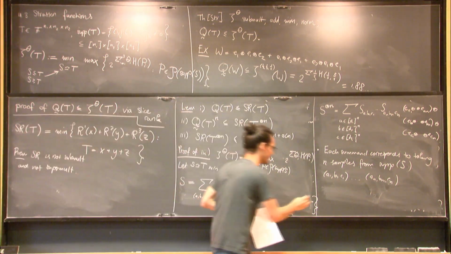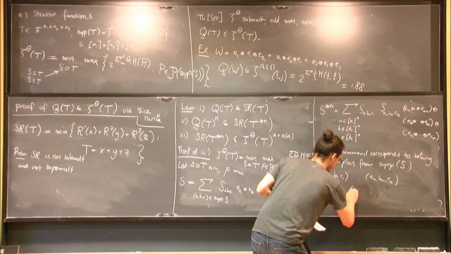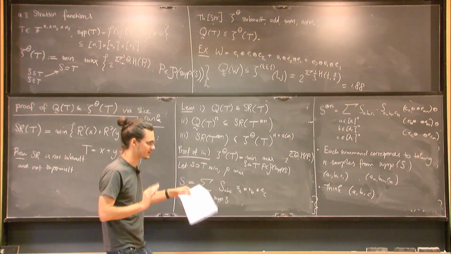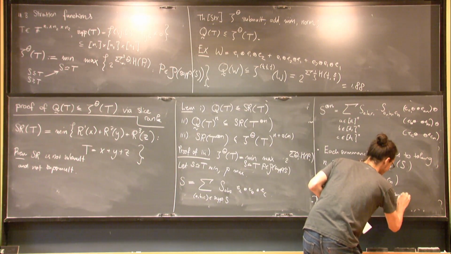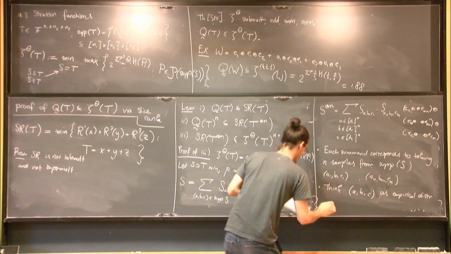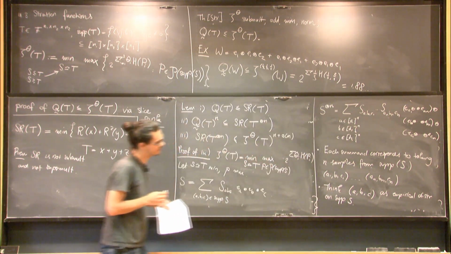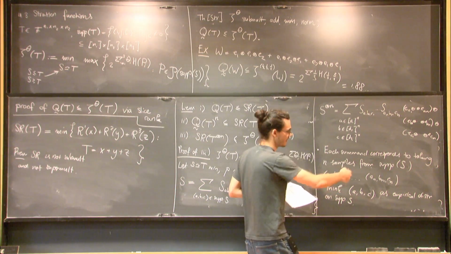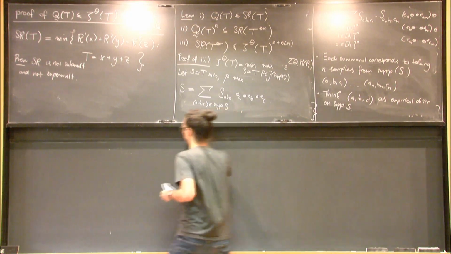I want to think about this differently. I want to think of the triple ABC, where A is an n-vector, B is an n-vector, C is an n-vector, as an empirical distribution on the support of S. And then I can focus on one of the three factors, and that corresponds to a marginal distribution.